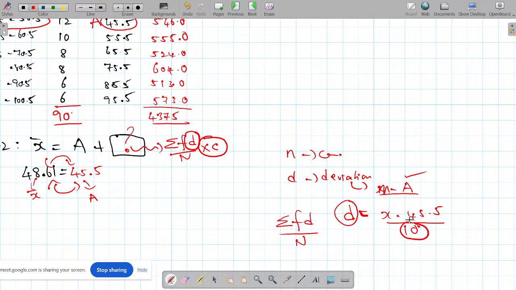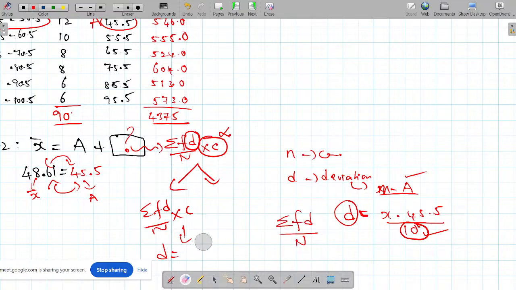If you are not dividing by 10 here, you need not have this factor. Please make a note, I can do this in two ways. One is summation FD by N into C. In this case, D will be M minus 45.5 divided by 10.